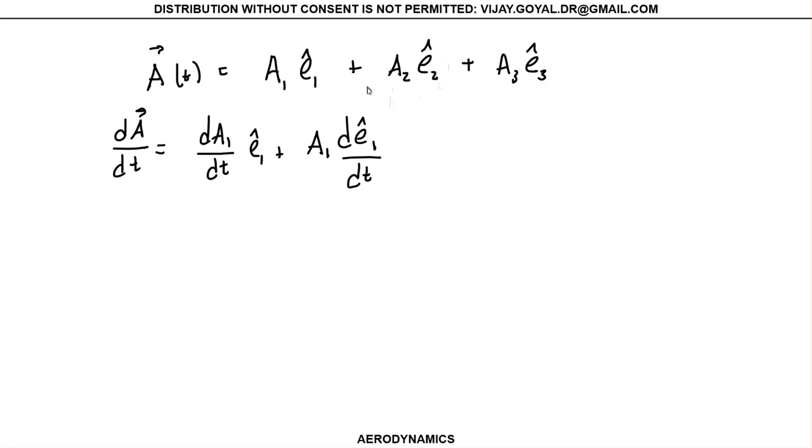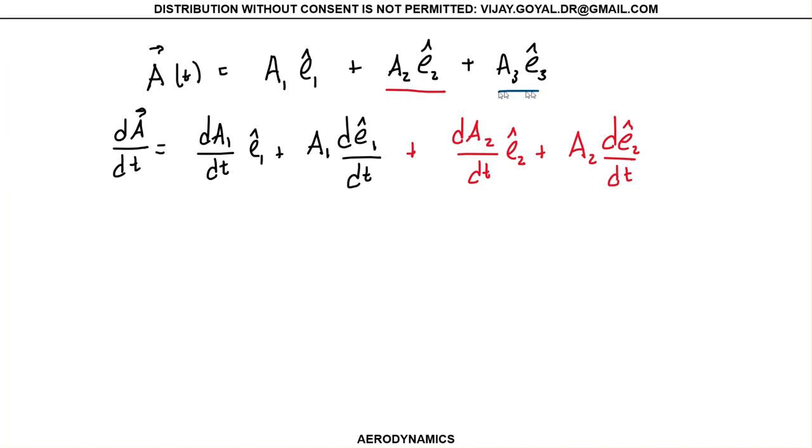Going to the next term, that will be plus dA2 with respect to time times e2, plus A2 times de2 with respect to time.